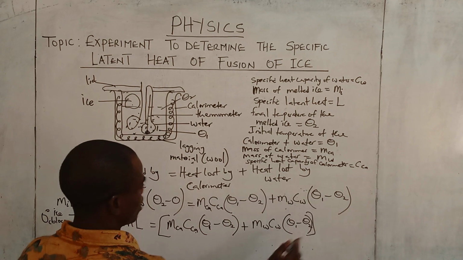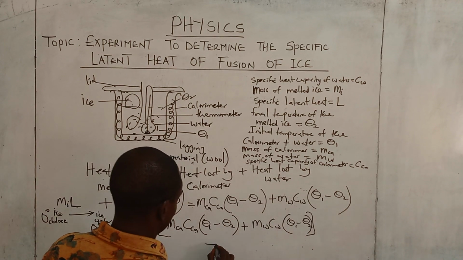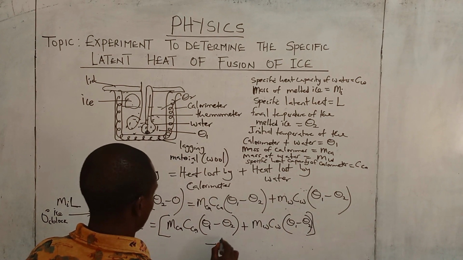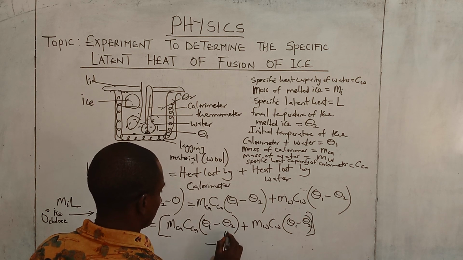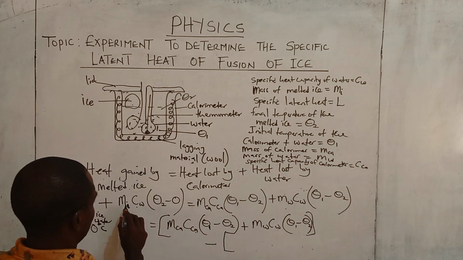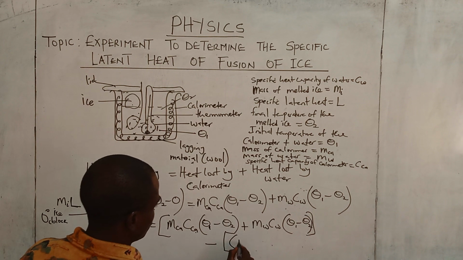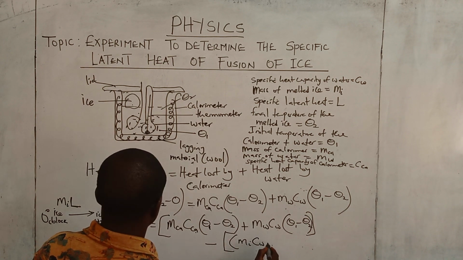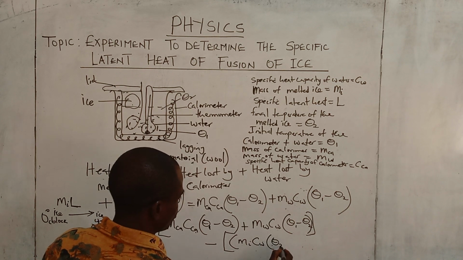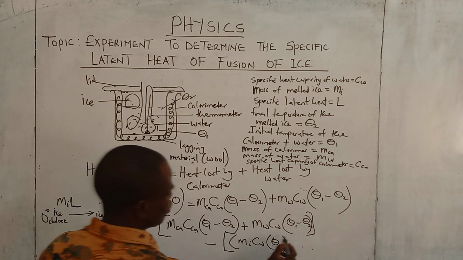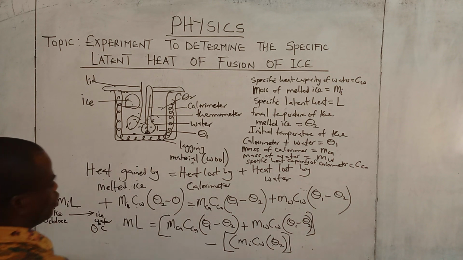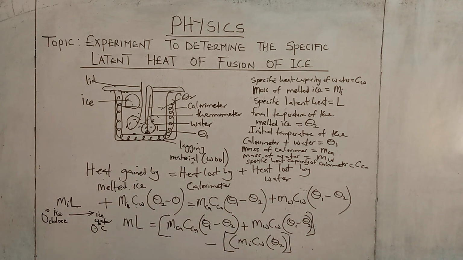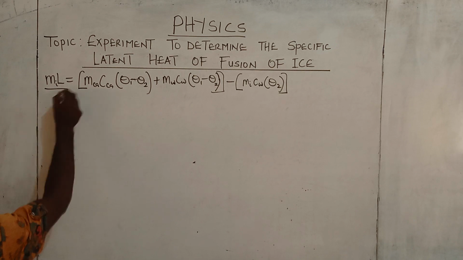Now when you take this one to the other side, it becomes minus. Open your brackets, write this: mass of the ice, the capacity of water, theta2 minus 0 gives you theta2. Both sides by mass of the ice.